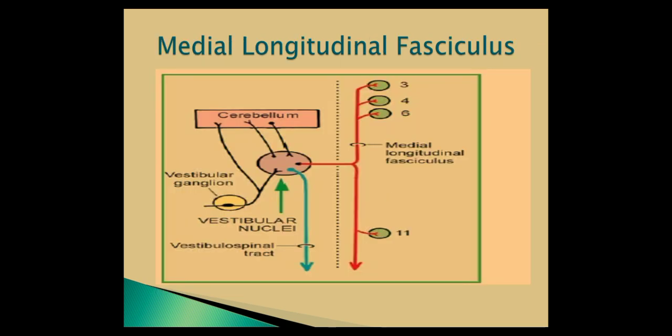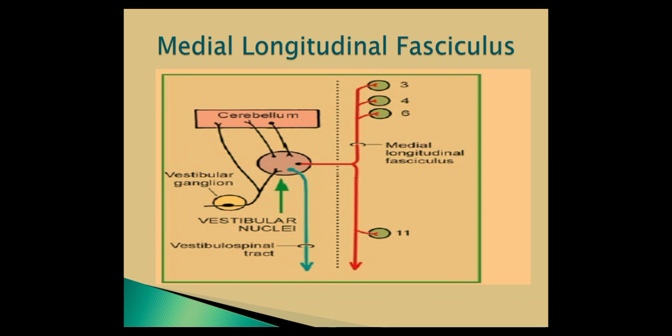First, the medial longitudinal fasciculus. This tract has both ascending and descending components. The descending component descends through the posterior part of the anterior white column of the spinal cord.